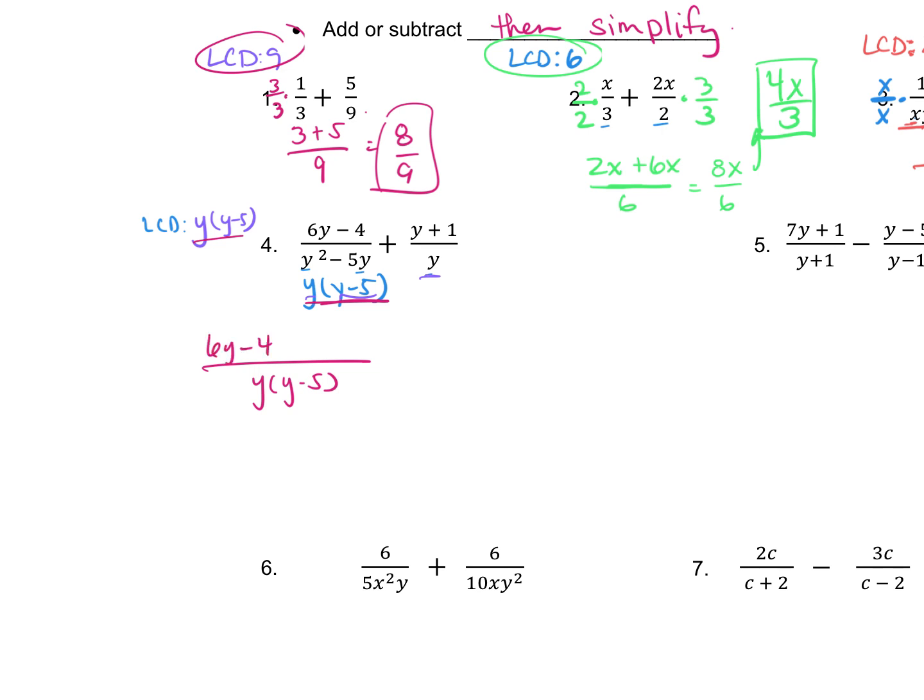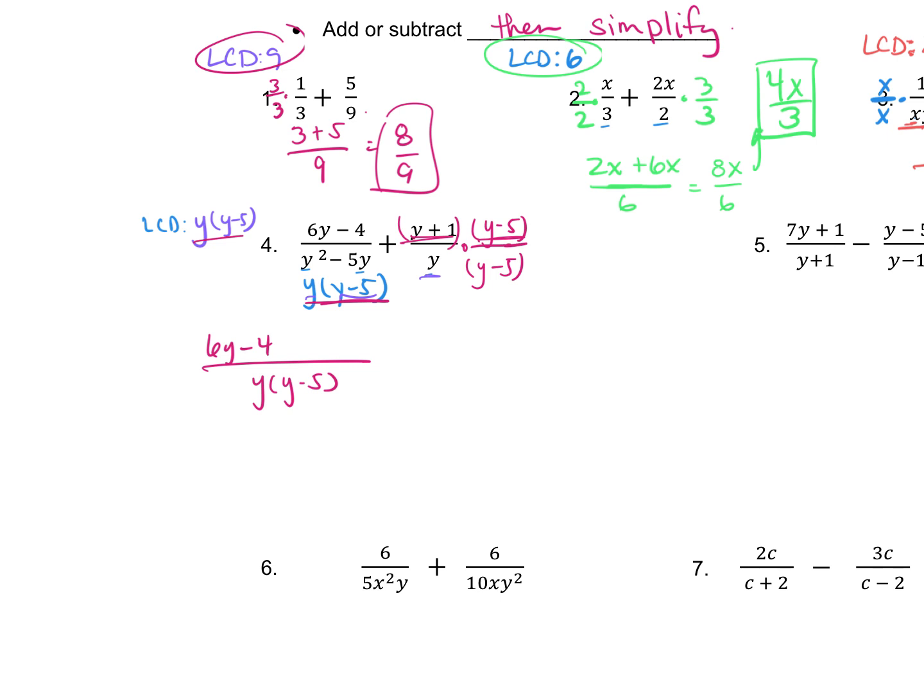Now over here, the second one, I have a y, but I don't have the y minus 5. And you need to be very careful. I recommend that when you see a binomial like this, you put it in parentheses. Hopefully that helps you understand that I have a binomial times a binomial, which means I need to FOIL to get a trinomial.